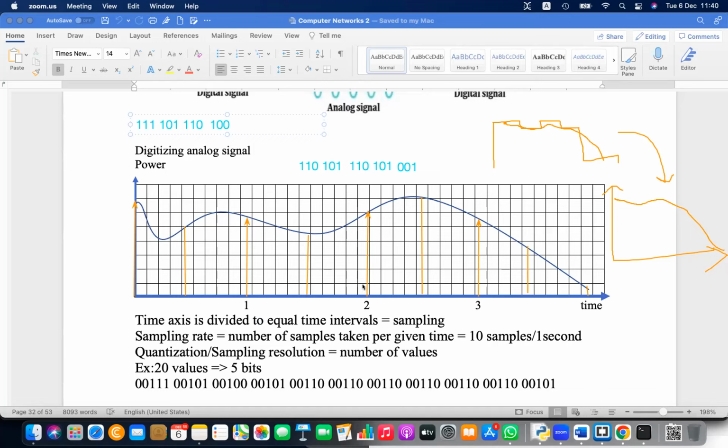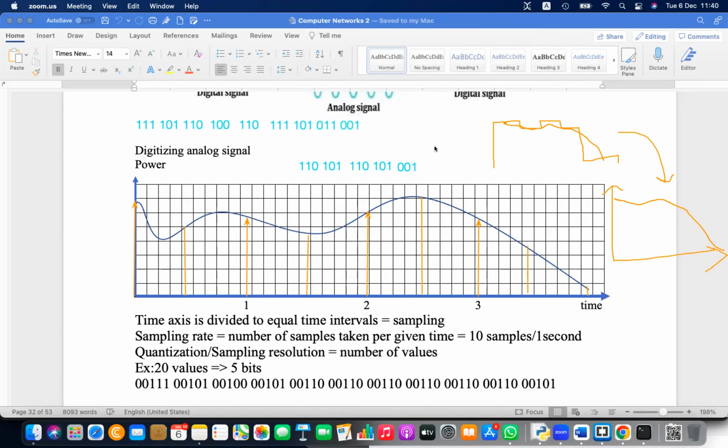And this is 6, 1, 1, 0. And then this is 7, 1, 1, 1. And the next is 5. And 3. The last one is 1.